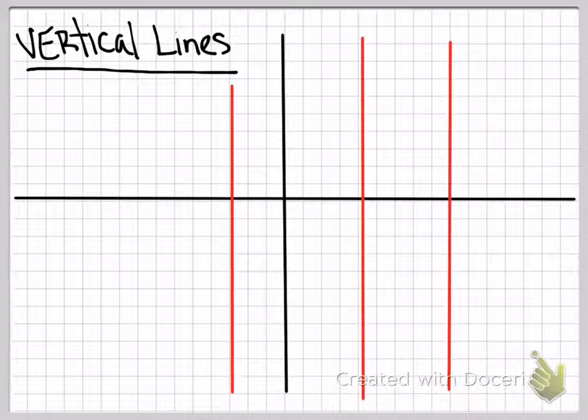How many axes does a vertical line hit? One. And which axis is the one that it hits, Quentin? X. Okay? So a vertical line will always be x equals some number.